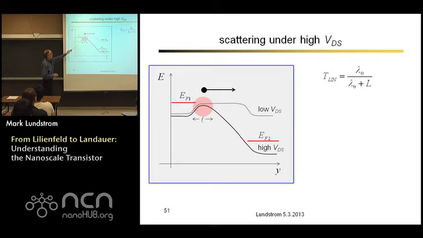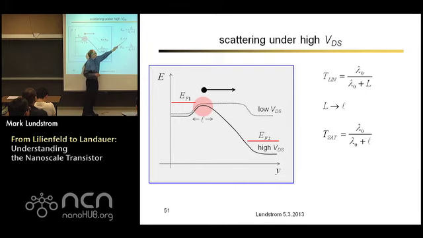The only scattering that matters is the scattering that occurs in this thin, short, low field region right near the beginning of the channel. So the region that controls the current is just a tiny fraction of the channel length. And that means even though the mean free path hasn't changed, that length has changed. So the probability that they'll transmit is much, much higher. So this region is a bottleneck for current flow.